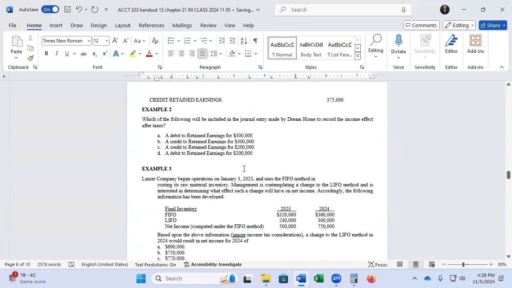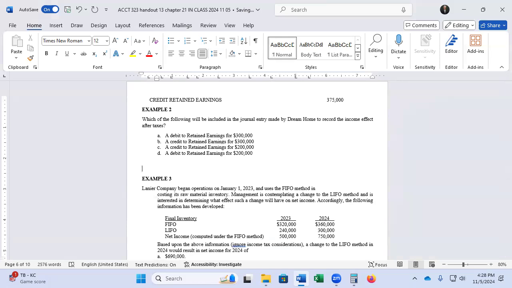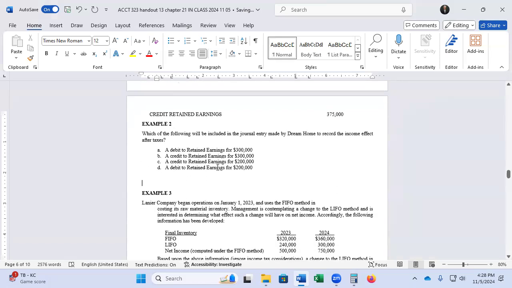Okay, now it says, which of the following will be included in the journal entry made by Dream Home to record the income effect after taxes? So this is after taxes. We have a 375,000 net income difference.